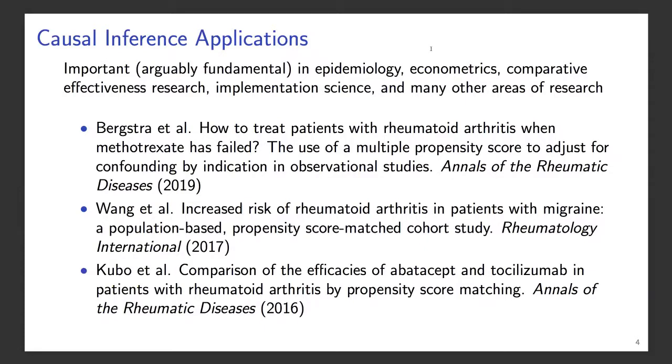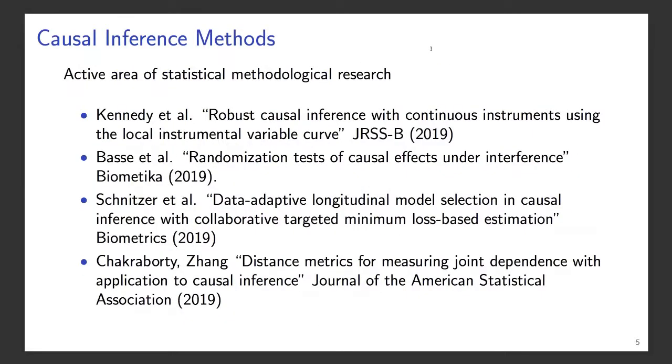And I'll talk today a little bit about propensity score-based methods. If you're not familiar with these, at least introduce you to the idea behind what's underneath the hood of the analysis of some of these papers. As I said before, this is also an active area of statistical methodological research, I think partially because these methods apply to so many different areas.